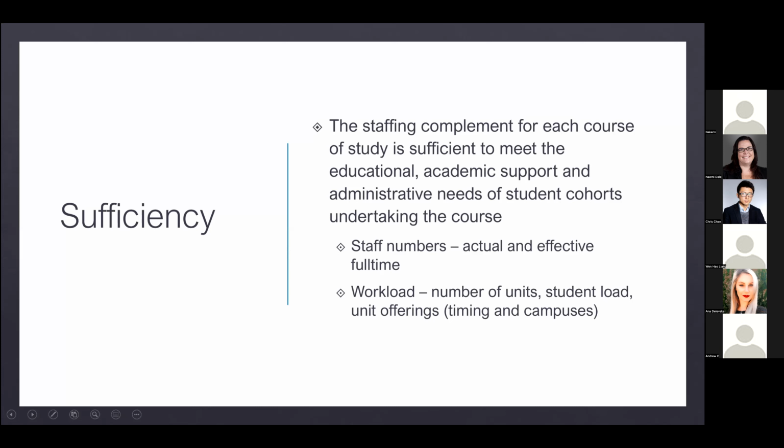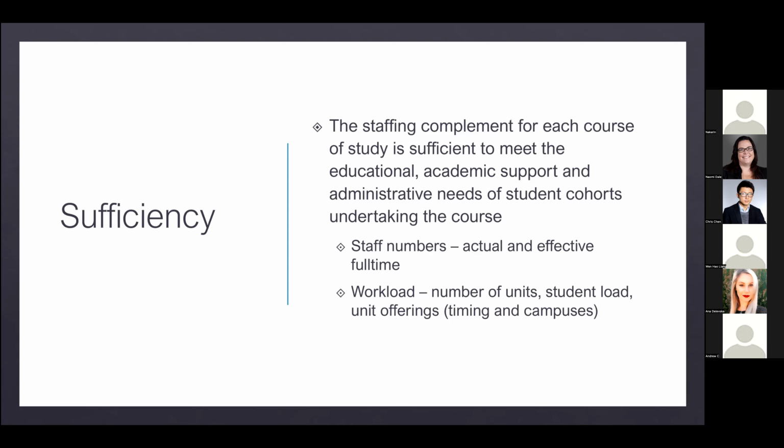Sufficiency, as I've noted before, is the staffing complement for each course of study. Is it sufficient to meet the educational, academic support and administrative needs of the student cohorts undertaking the course? It's about staff numbers, but also the effective full-time load of staffing.